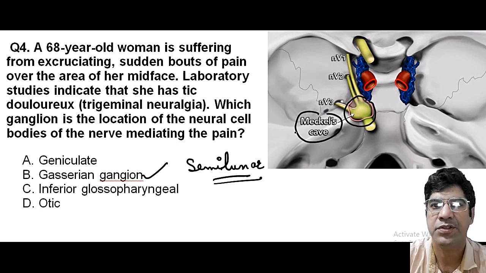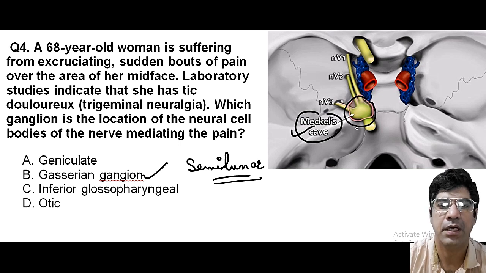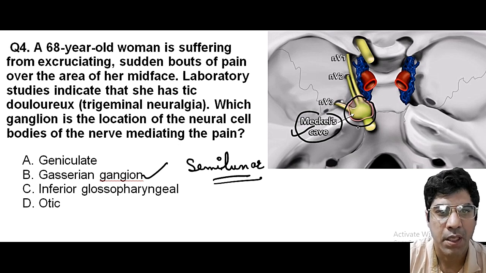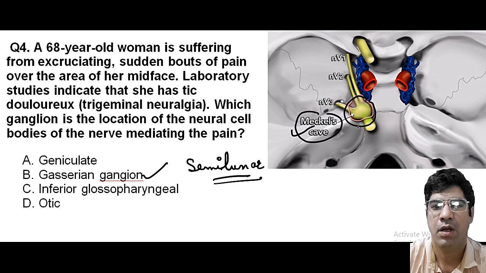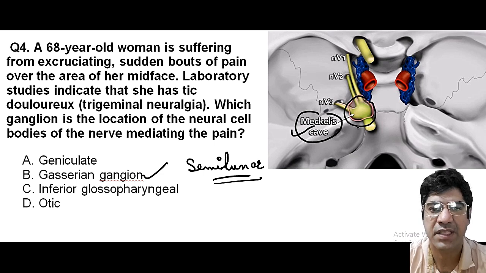The ganglion associated is the Gasserian ganglion, or trigeminal ganglion, or the semilunar ganglion. It is a bundle of clusters of nerve bodies that are located within this Meckel's cave.